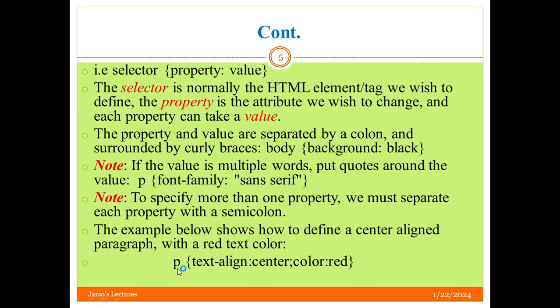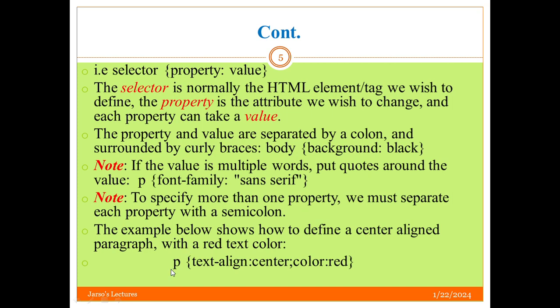Okay, look here, for example, P, text-align center. P is the HTML element for paragraphs, to define paragraphs within a web page. Then text-align: the contents of the P tag have to be aligned at the center. This is one declaration. Then, separating with a semicolon, color red.